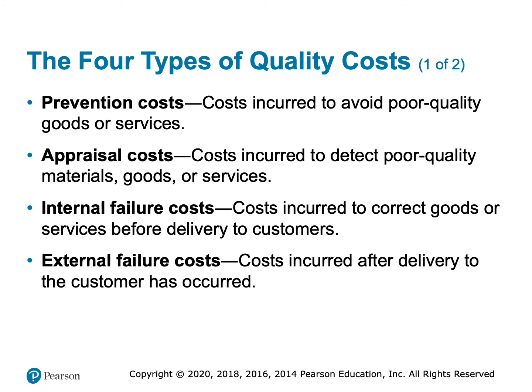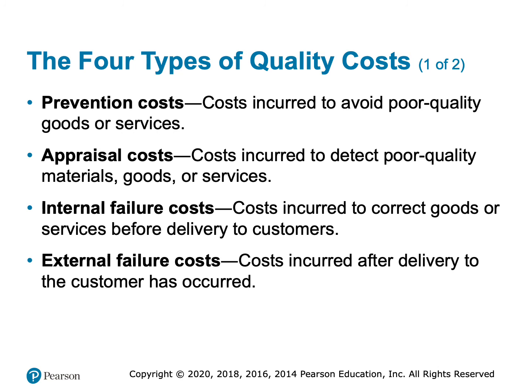Now, if the mistake gets past us, so our appraisal doesn't catch a mistake, our prevention doesn't prevent the mistake, and the customer finds the mistake, then we have an external failure cost. So external failure is when the customer has found the mistake, and this is the most expensive cost for us. So this is a customer return where we have to replace it.